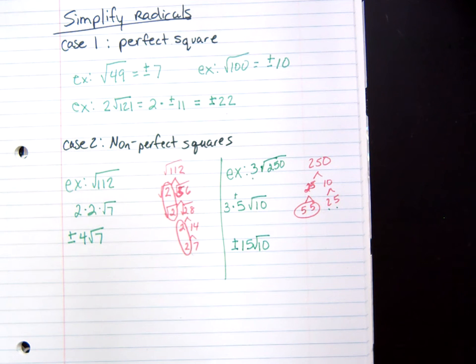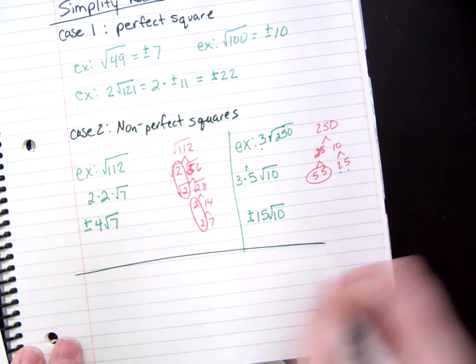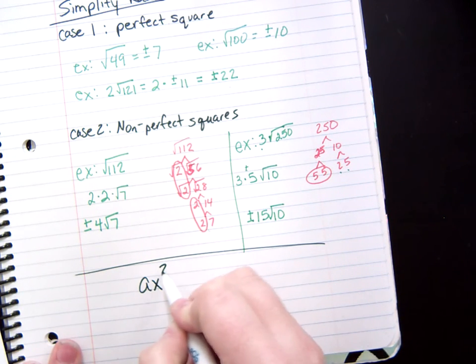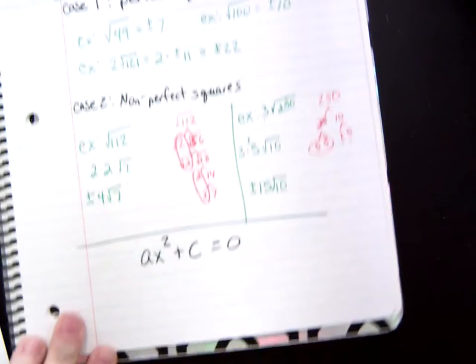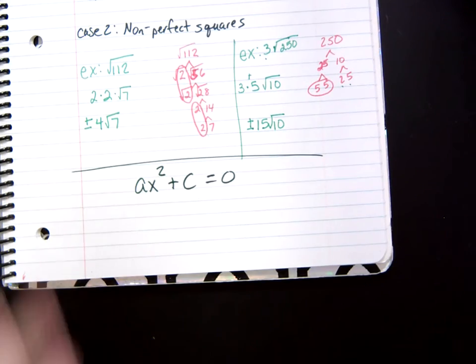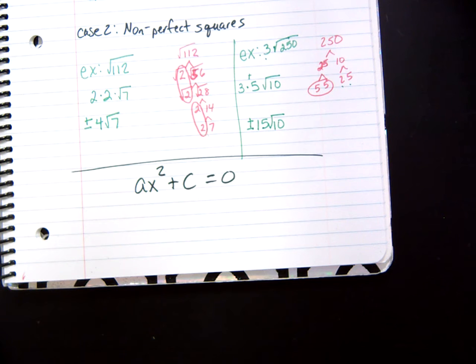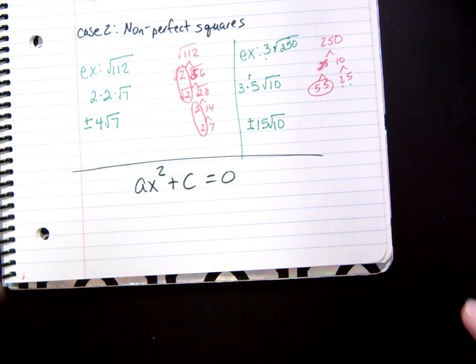Okay, so I wanted to do a quick review on simplifying radicals, because sometimes you are going to have to simplify radicals when solving quadratics with the square roots method. Now, the square root method can only be used if your equation is in the form of ax squared plus c equals 0. You can only do this if there is no b term, because what you do is get it to where x squared is equal to a number, and then take the square root of both sides.